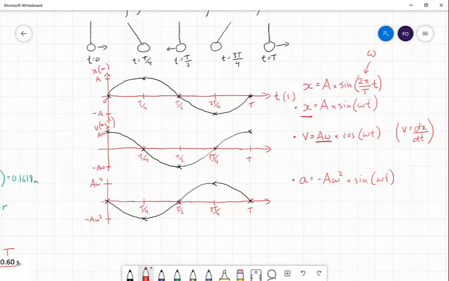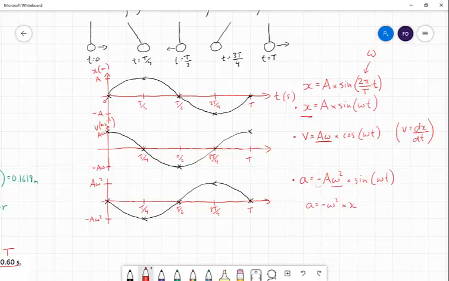Notice that, as we said before, a is equal to negative omega squared times x. If we look at this omega squared here, and this negative sign, negative omega squared times A sine theta, A sine theta is just x.